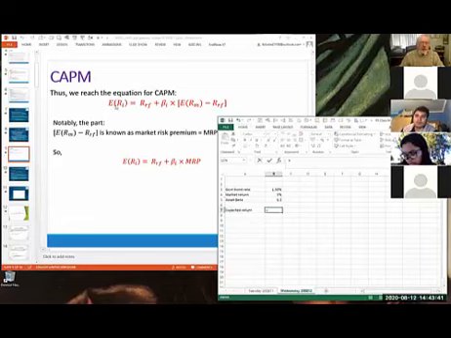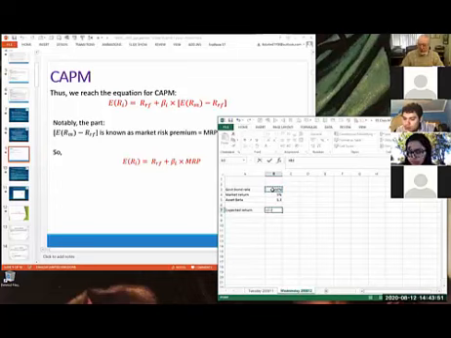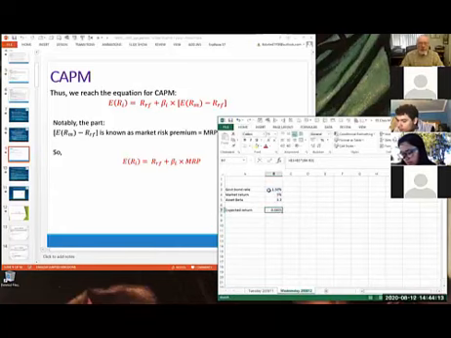Applying that equation, expected return on this risky asset is going to equal the risk-free rate, 1.5%, plus, open brackets, no, not open brackets just yet, the beta of the risky asset times, open brackets, the market return minus the risk-free rate, close brackets, hit enter, and we might just format it to make it look pretty.